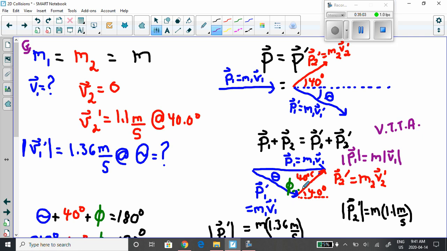Then I know that they have to equal this vector right here, the momentum before the collision. So there's my vector tip-to-tail addition. And this diagram is a graphical representation of momentum being conserved. I can write P is equal to P prime, or I can write this diagram down. They mean the same thing.